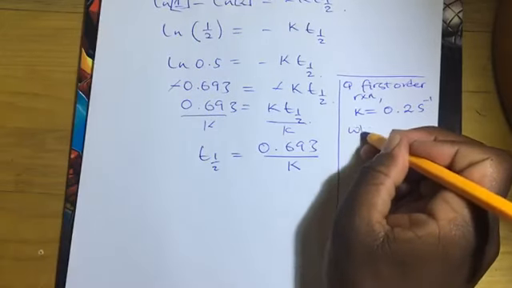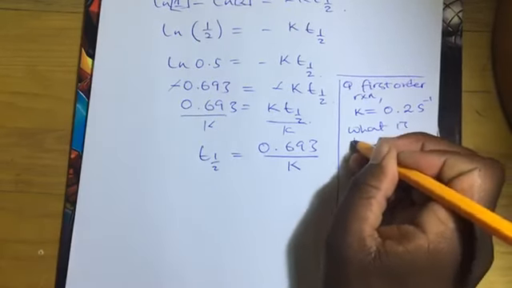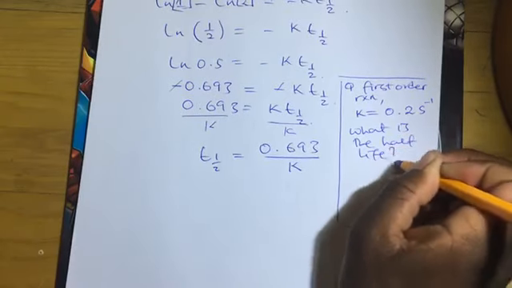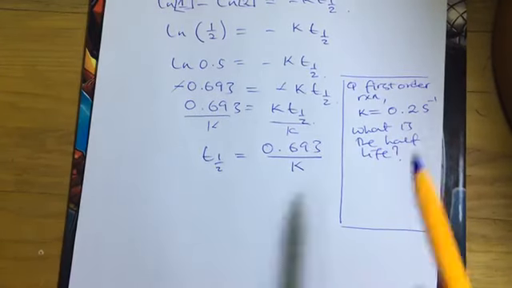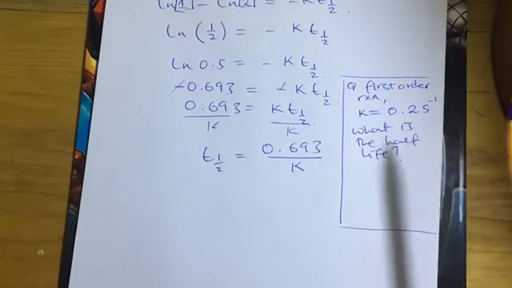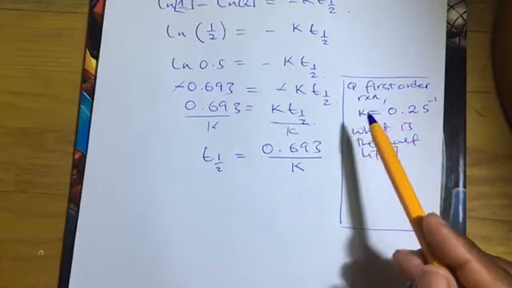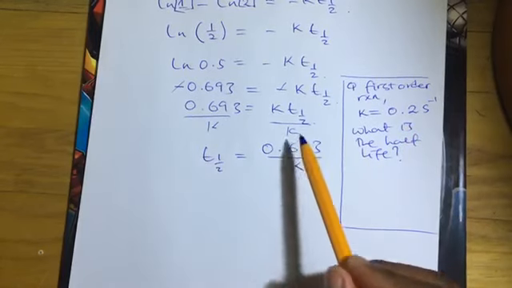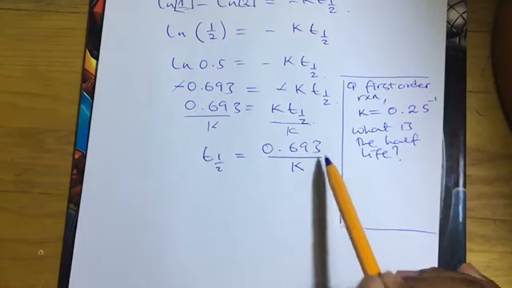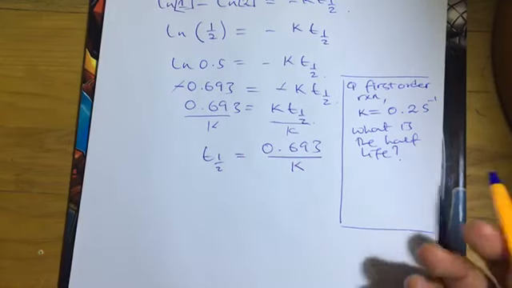What is the half-life? So they've given you the constant, and whenever they just give you the constant, know it is a first order reaction, because it is only a first order reaction that is 0.693 over k in terms of the half-life. Easy stuff.